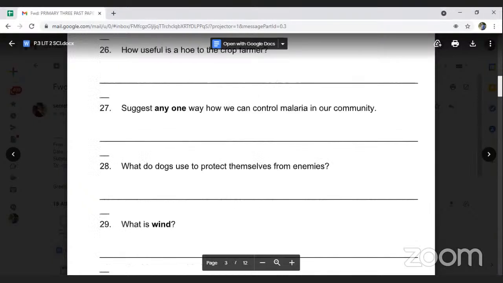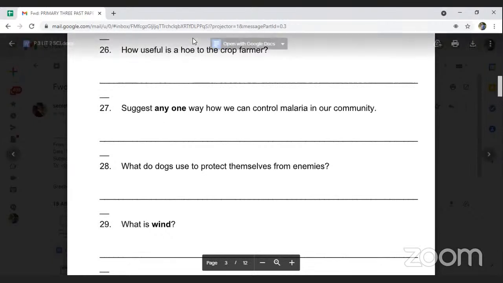You guys are very wonderful. How useful is a hoe to the crop farmer? This should be Raphael. How useful is a hoe to the crop farmer? For digging. Oh, you say a hoe is used for digging.